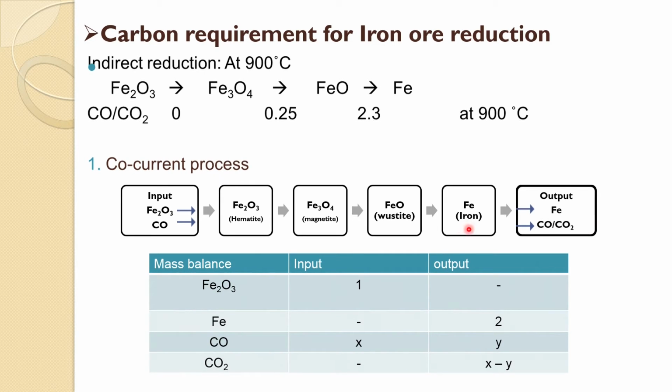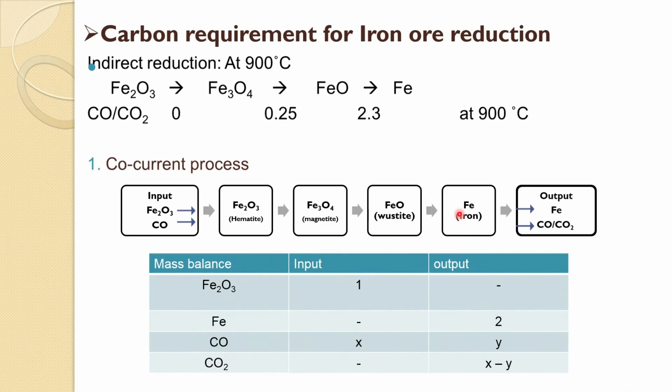So, you have to maintain this ratio from here to here, though your hematite to magnetite reduction does not need this high ratio, but because it is going on a co-current basis, when it reaches here it has to have a very high ratio.